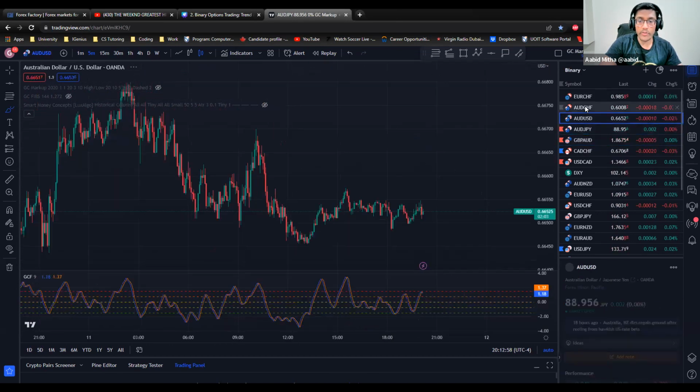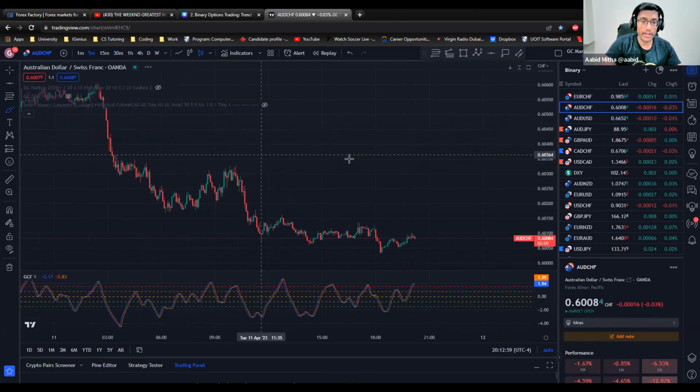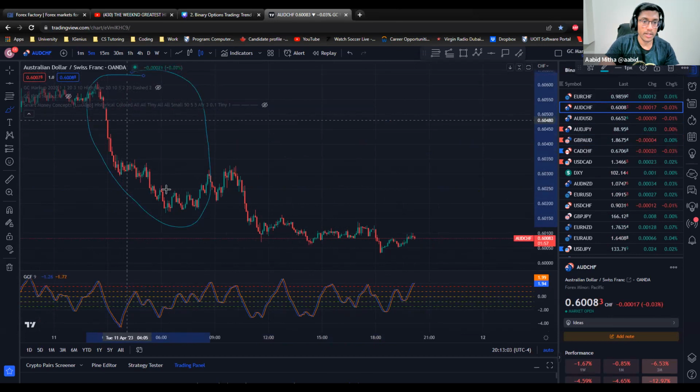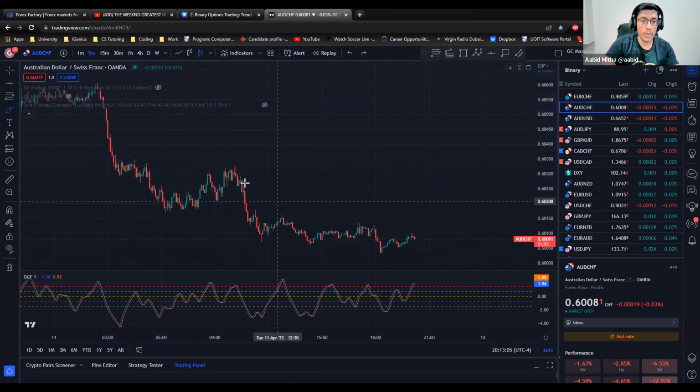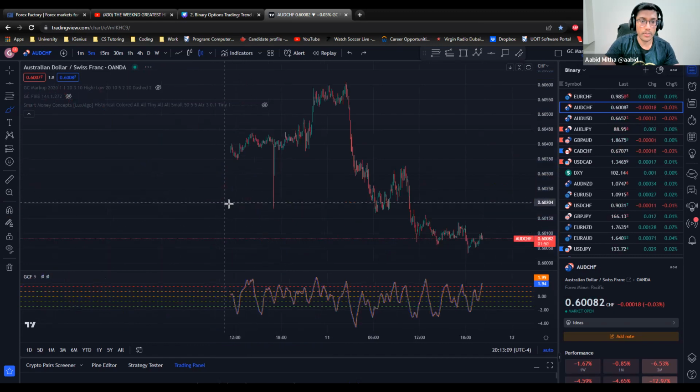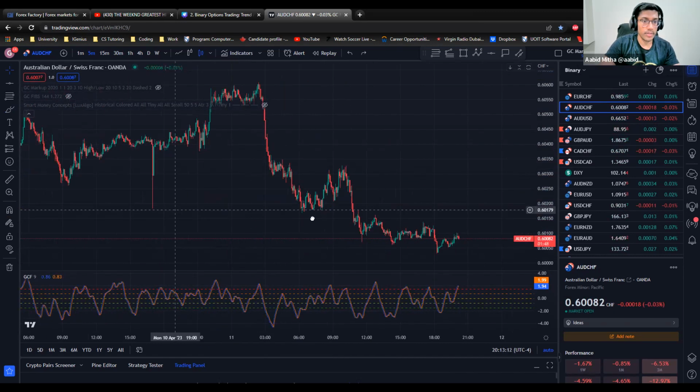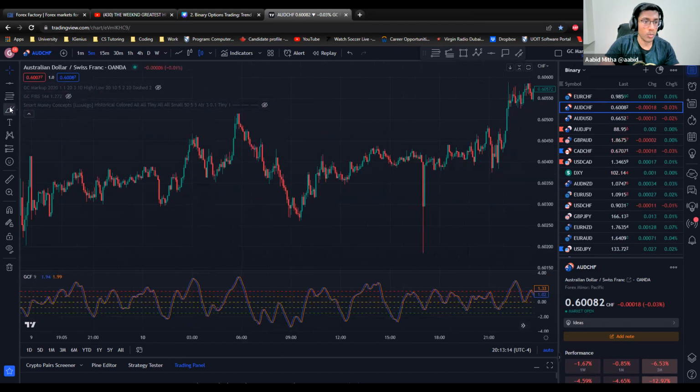I personally stay away from consolidation. I tend to look at these areas, right, where there's an evident downward momentum, or this area, for example, where there is an evident upward momentum.